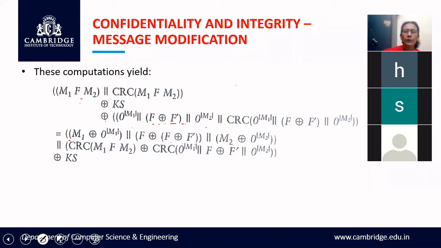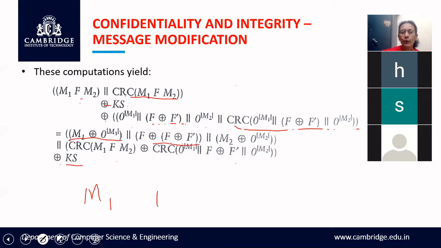Now that is again concatenated with CRC, this remains the same. And CRC of this, that remains the same. And then you have the key string. Now this is nothing but M1.